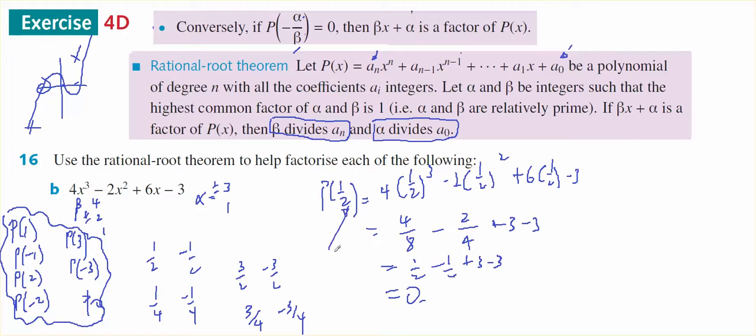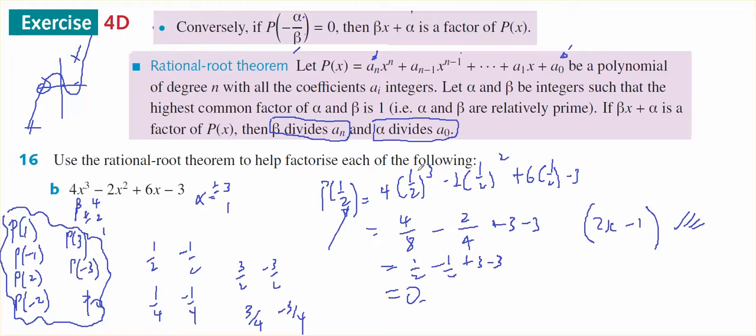So P of a half is a solution, therefore a factor. Beta happened to be 2, so 2x minus 1 is a factor, and then I could do a division by 2x minus 1.